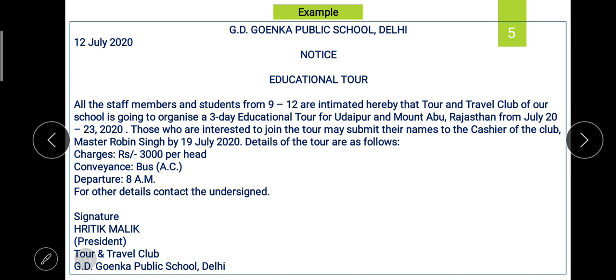So the notice has begun as we have seen in the format part: name of the issuing authority, then date, the date on which the notice was issued, then the word notice, and then title of the event, and then comes the message. In the message it is written that, in the name of 9th to 12th classes as well as the staff members, the Tour and Travel Club of our school is going to organize a 3-day educational tour for Udaipur and Mount Abu located in Rajasthan from July 20 to 23rd, 2020.